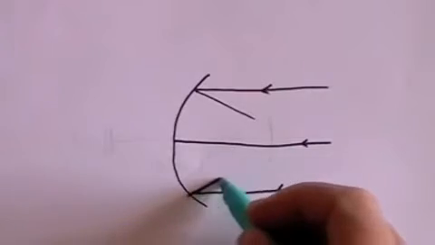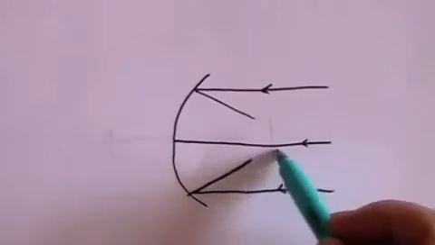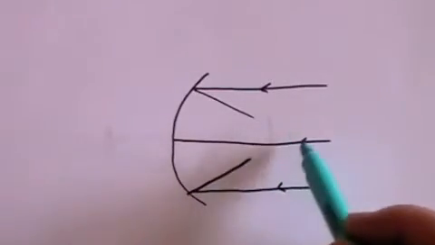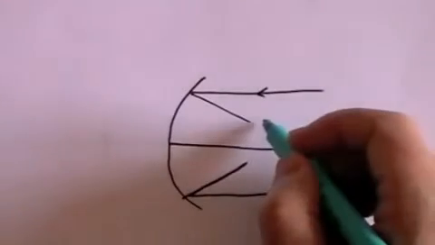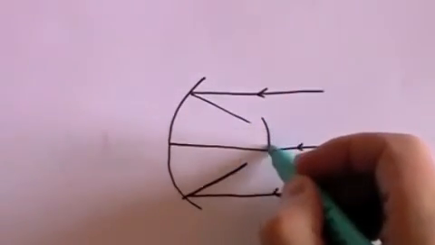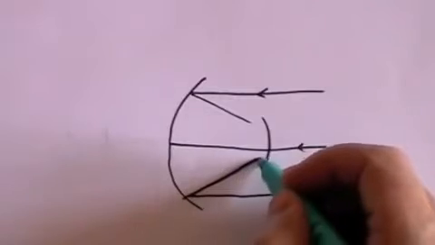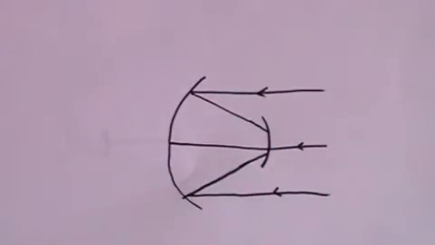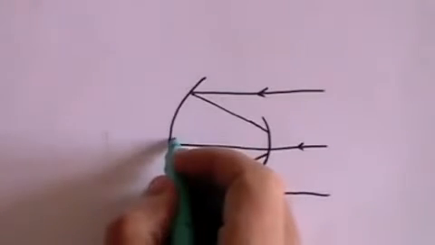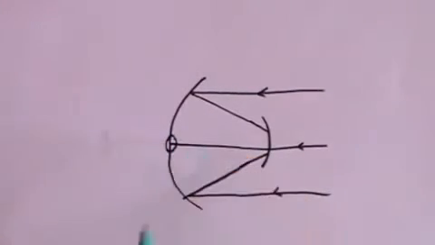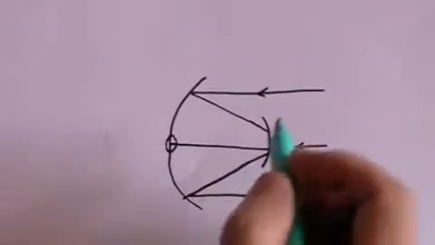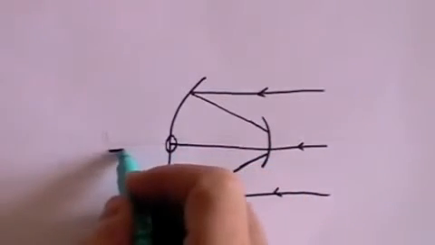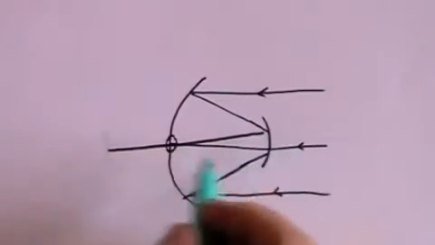I'm not going to actually finish up the line, but it would go to a focal point here. Now, if you insert another mirror at this point, then the light that's on its way to the focal point will now reflect again. And what you do is you have a very small hole. Just make that a hole in the mirror. It won't have a dramatic effect. And the light is then reflected through the hole.